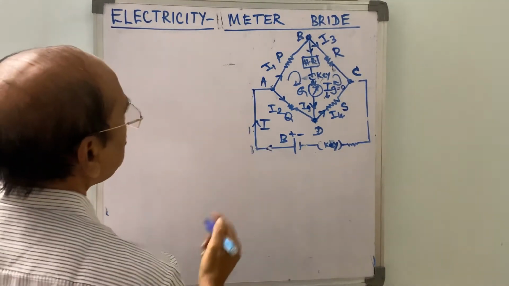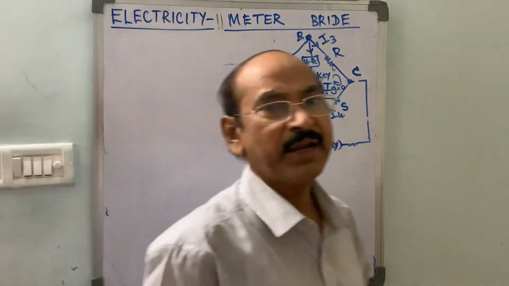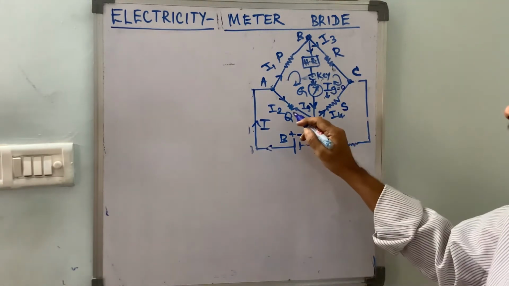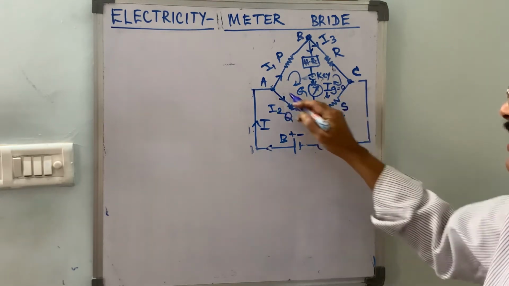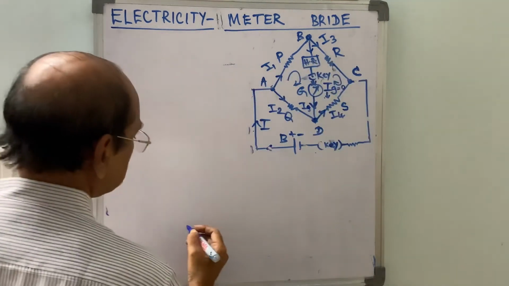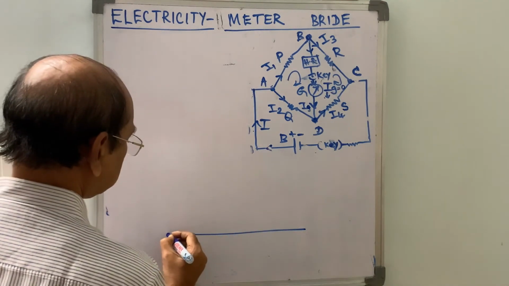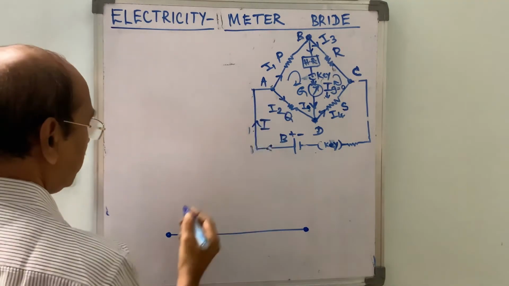The meter bridge has a 1 meter length wire, so it is called a meter bridge. Instead of resistances Q and S, there is a 1 meter length wire between A and C.